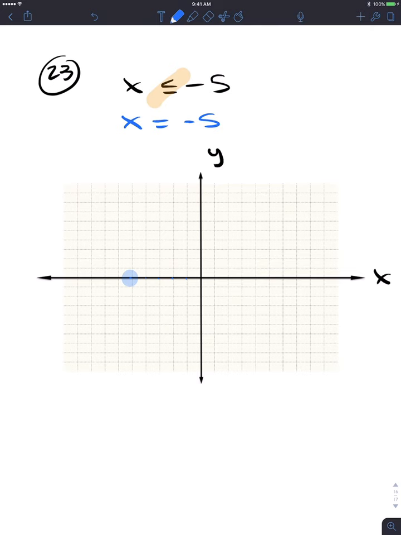We have a solid line through x equals -5. We are done.